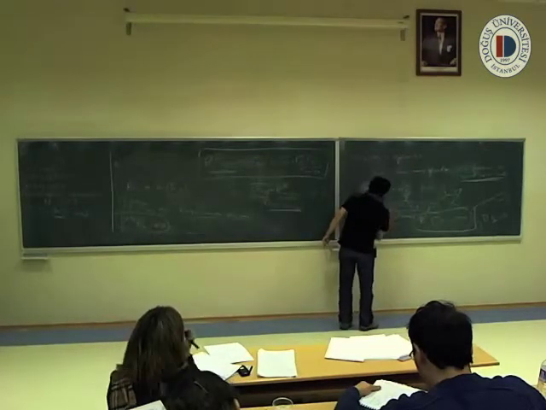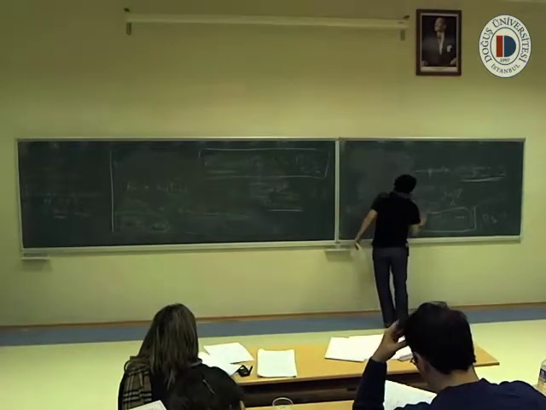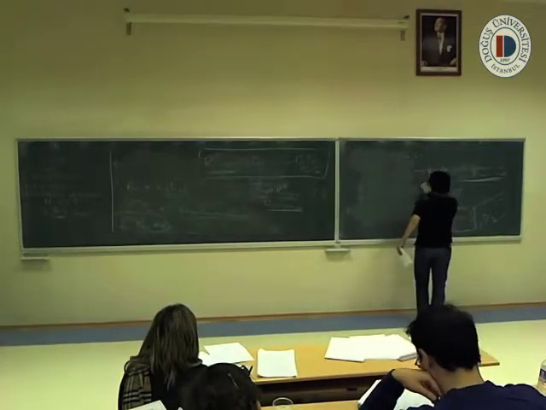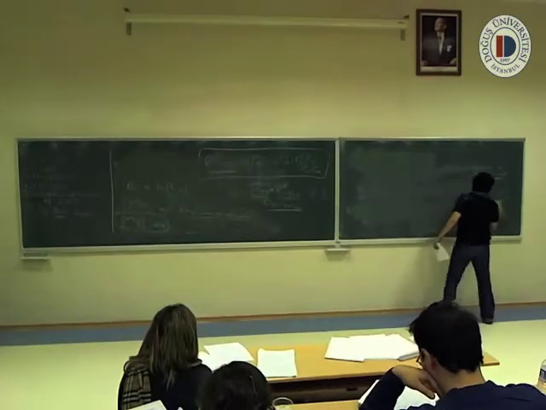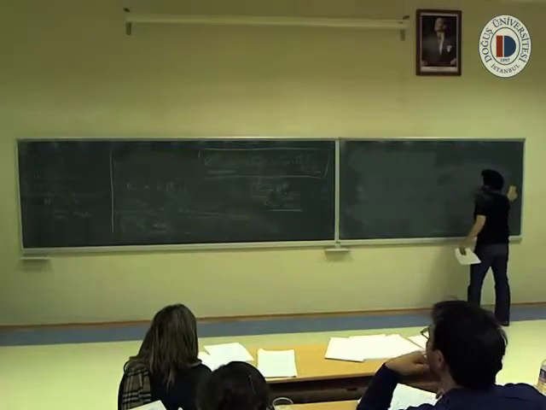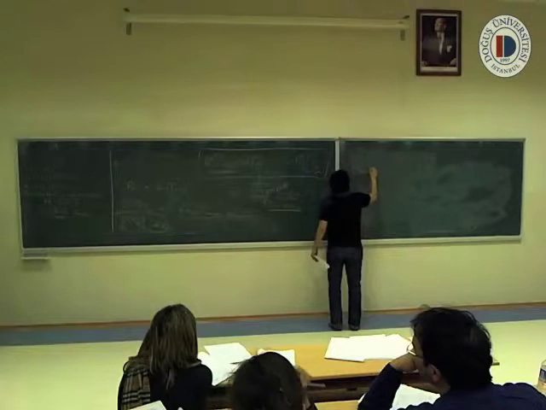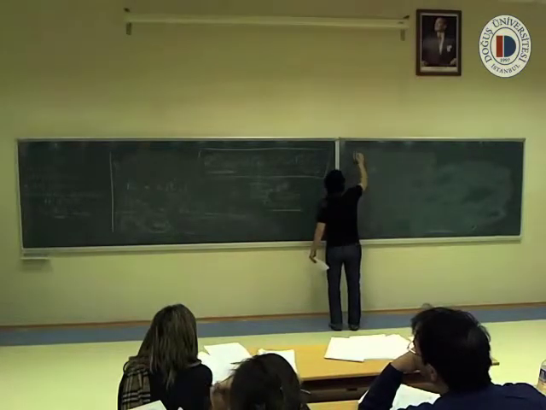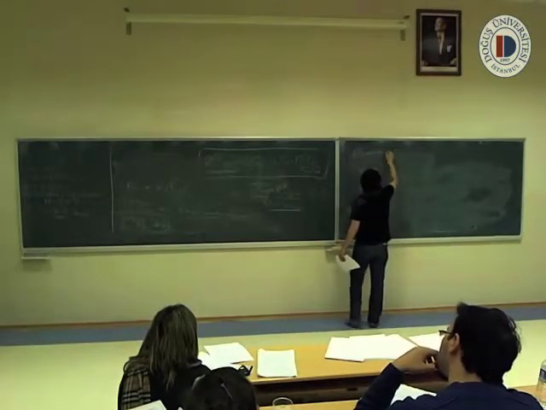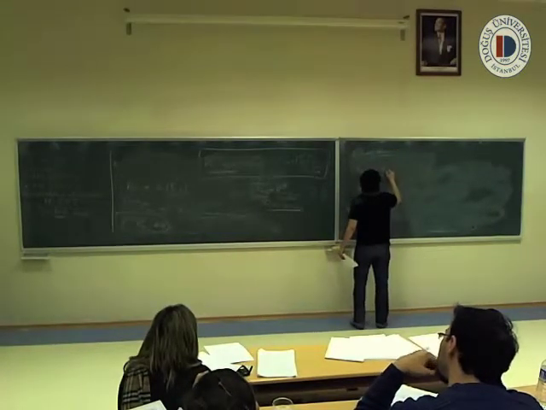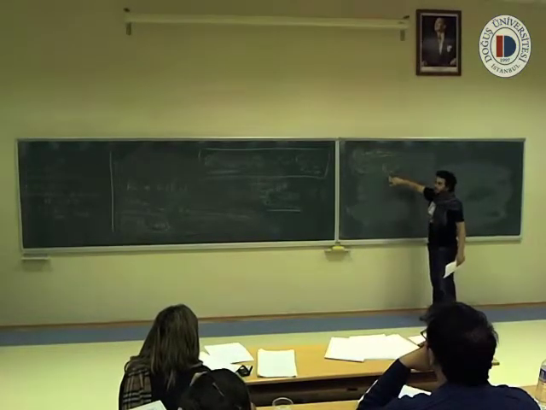But again, in one of the problems, I asked you to prove that there is a different quantity, called the Einstein tensor, which is given in terms of the Ricci tensor in the following way. So G mu nu, the Einstein tensor, is defined as R mu nu minus, well, the covariant derivative acting on this is not zero.